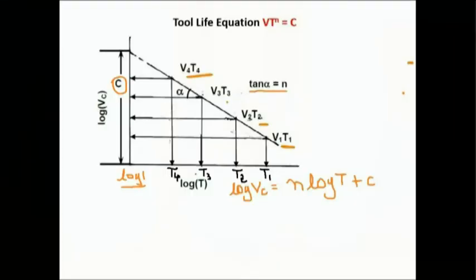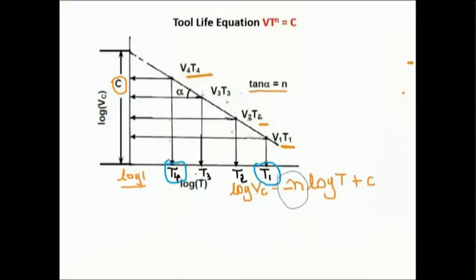Now here you can see that the time is on an opposite scale. Here this is t1 and here this is t4. That's why instead of t1 to t4, the time scale is t4 to t1, on the reverse side. So here the log t scale is taken as negative.